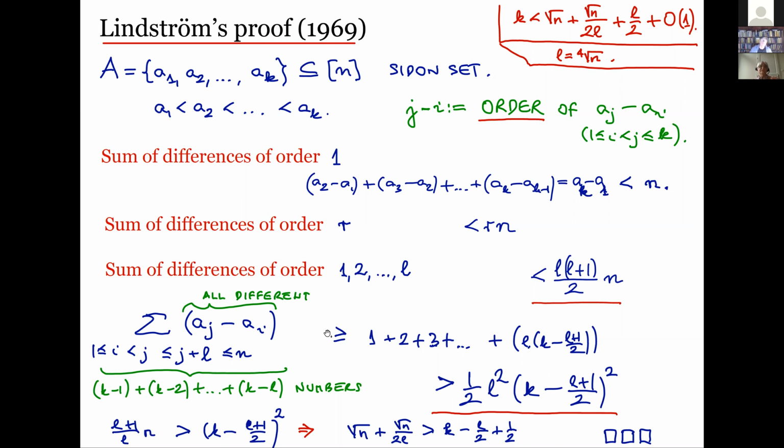So this sum here is at least the sum of the first k times L minus L plus 1 choose 2 numbers. We know what this sum is, and if we compare the upper and lower bounds, we got what we wanted.